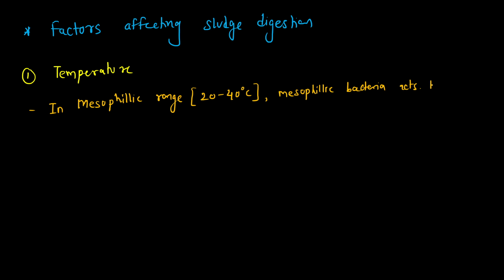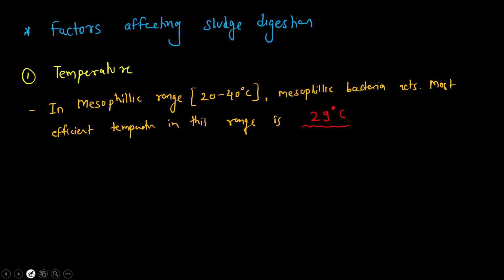And the most efficient temperature in this range is 29 degrees Celsius. This is a very important point, so you should remember this. It is in mesophilic range.